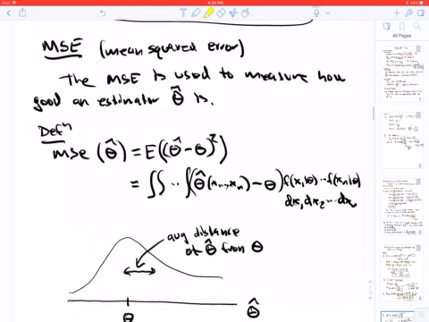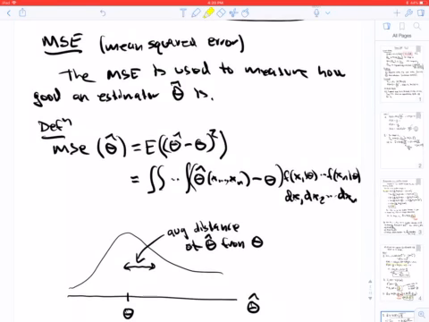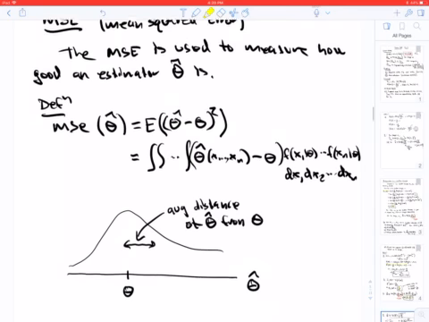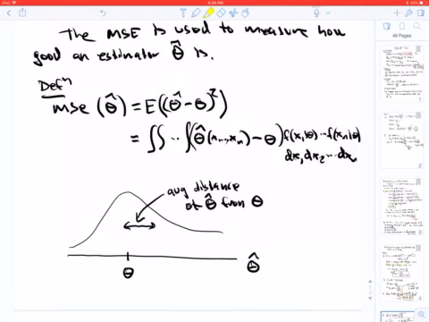Good. And then we discussed mean squared error. So this is one way that's used to measure how good an estimator is. So you want it to have a small MSE. And the definition of MSE is the expectation of the estimator minus theta, quantity squared.